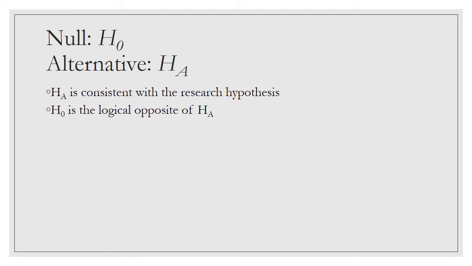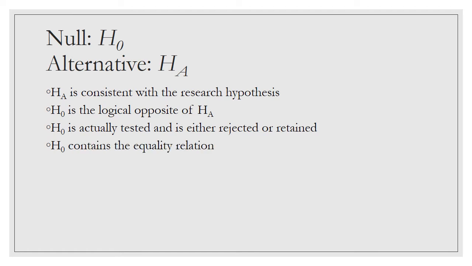H0, our null, is the logical opposite of our alternative. The null is actually tested. It is either rejected or retained. The null, mathematically, we'll see in symbols, will always contain an equality sign, an equality relationship. The alternative will never contain the equality relationship.